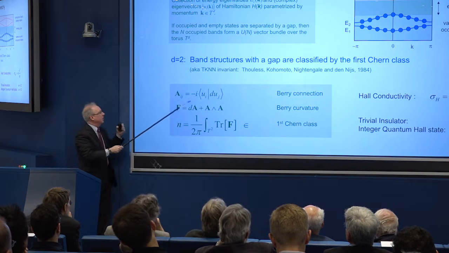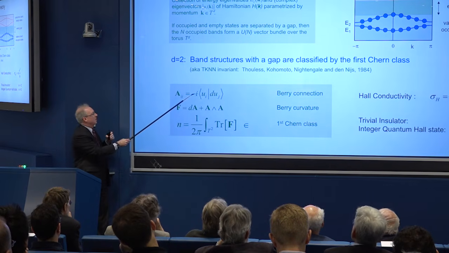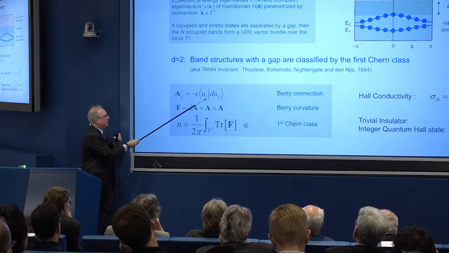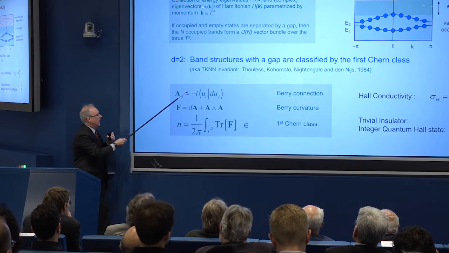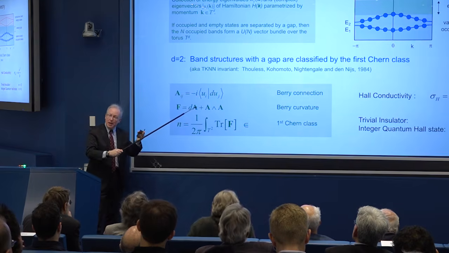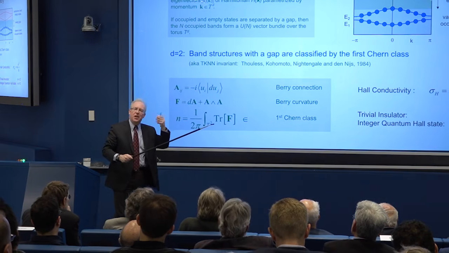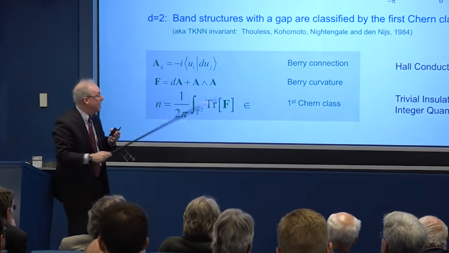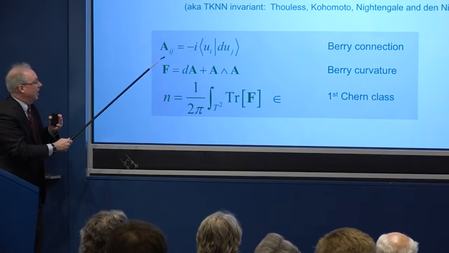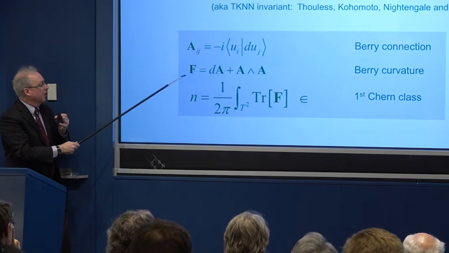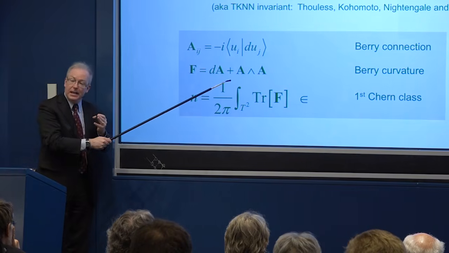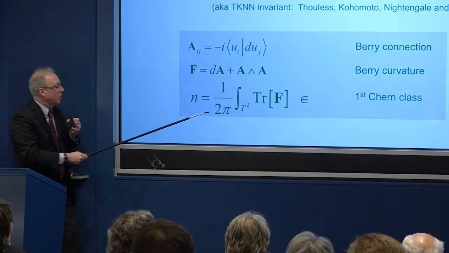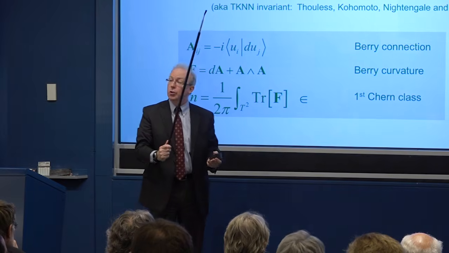Basically, the phase of my wave functions can be changed, but I can define a connection in momentum space, and as a physicist I think of this connection as being sort of like a vector potential. It behaves the same way. So the connection's not gauge invariant, but the curvature, or the curl of this vector potential, is gauge invariant. And the first Chern class is the integral of that curvature over the entire 2-torus.